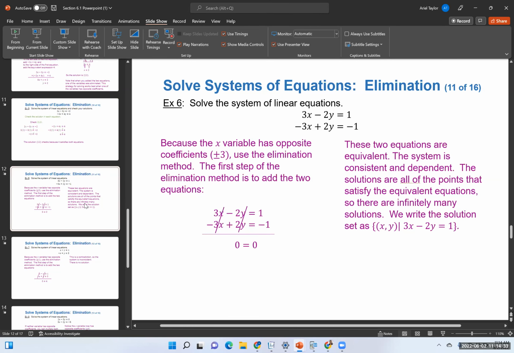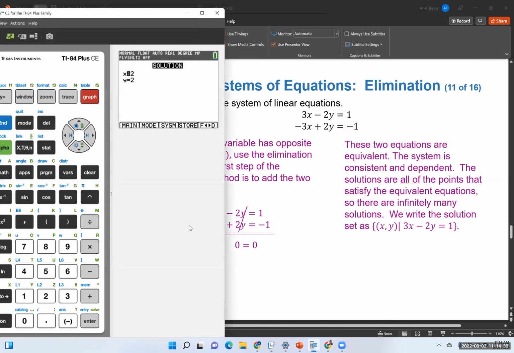Let's get to number 6. Number 6 says solve. I'm going to use this calculator and do it again. -3, -2, 1.